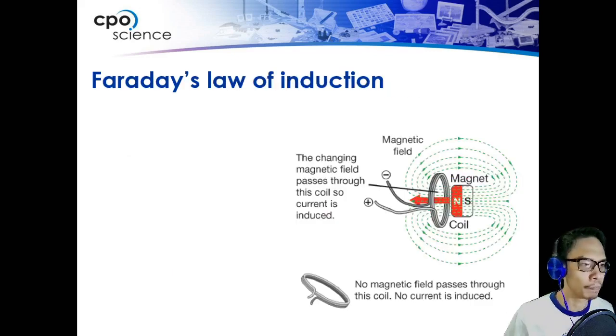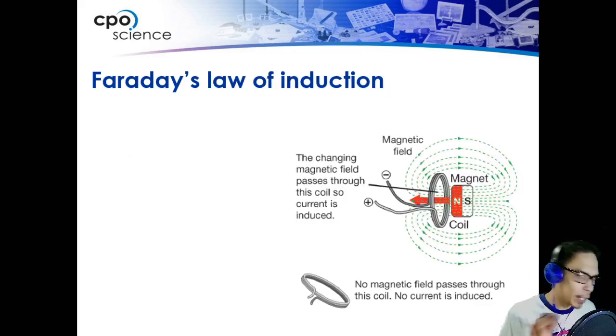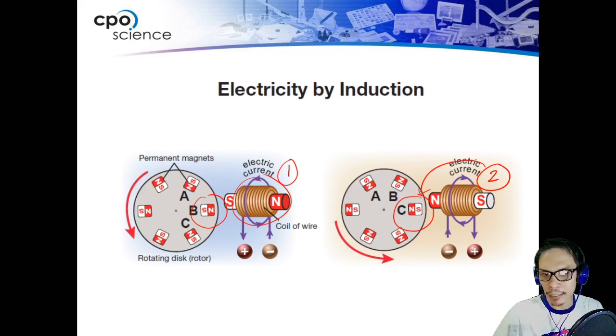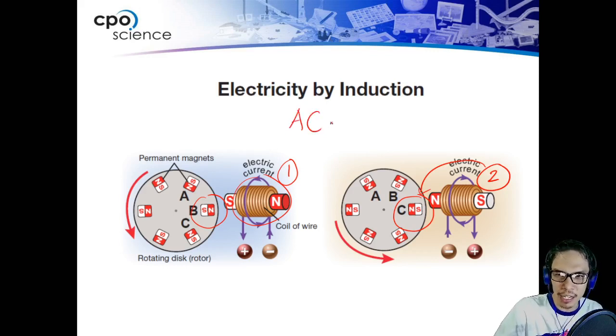Now I forgot to mention that the electricity that you produce here, as you can see, is alternating in direction. So we will use that same word. The electricity that is produced here is an AC type of current, or alternating current.